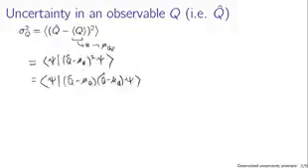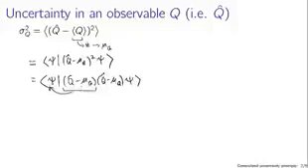And at this point, you can look at this and say, well, Q, as represented by Q hat in quantum mechanics, this Q hat is going to be a Hermitian operator since we're talking about an observable Q. And Hermitian operators can act either to the left or to the right. So let me take this Q hat minus mu Q, also of course going to be Hermitian because this is going to be a real number, this is going to be a Hermitian operator. The difference is just going to behave itself as a Hermitian operator.